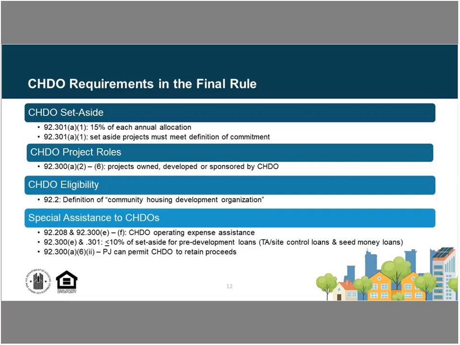We might mention IDIS somewhere in this session, the Integrated Disbursement and Information System that HUD uses to disburse funds and also collect information on all your projects. We'll probably use the acronym LI for low income, which is at 80% of area median. I think those are the key things that I'll be mentioning, but as Les said, please ding us if we happen to use one that we haven't explained to you.